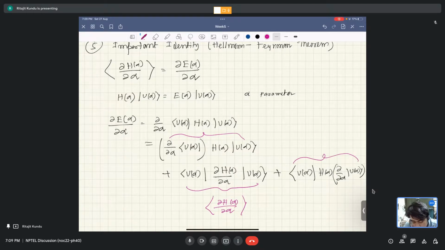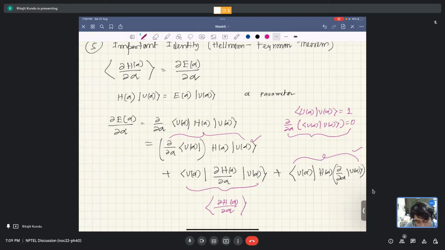To get rid of them, you just notice that <U alpha|U alpha> is actually 1. Okay, and then if you take del alpha of this <U alpha|U alpha>, this boils down to 0, because 1 is constant. You cannot take a derivative of a constant, right? That becomes 0. And then if you just apply the product rule here also, you will see that these two quantities will just emerge out of this.